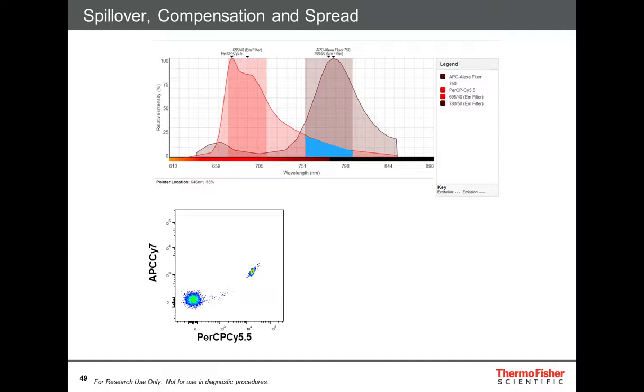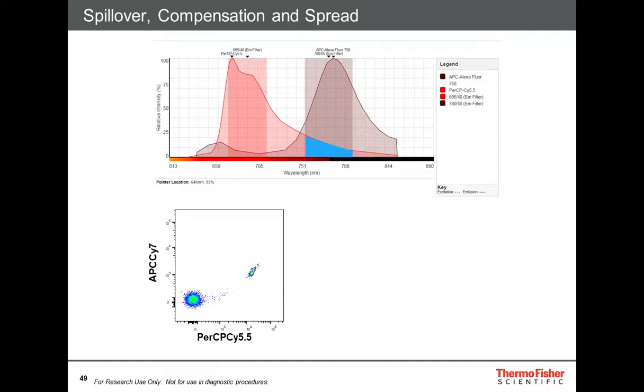So when I use a single stained PerCP Cy5.5 sample, all of the cells or all of the beads, whichever this is, are detected in the primary detector where I want to make a measurement. They're also detected in this secondary detector where I'm going to eventually make another measurement. And this cell gets a number here, and it also gets a value in this detector.